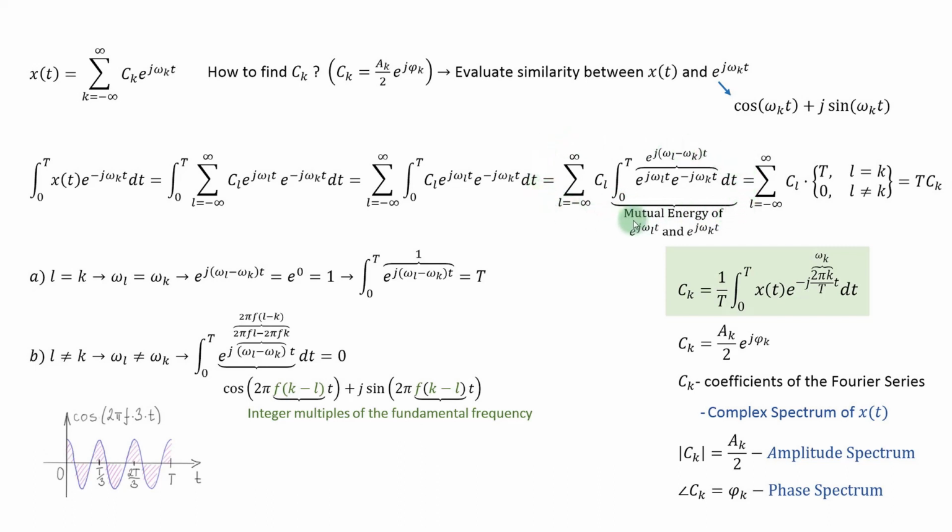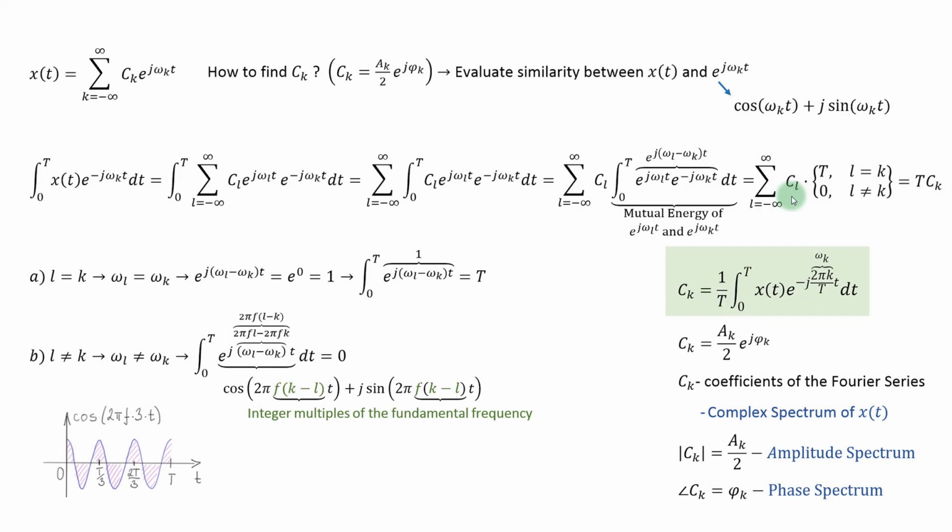Consequently, this entire expression I can write like this. Instead of this integral, I will use t if L is equal to k, and I will use 0 if L is different from k. Now, what will that do to this entire expression? Well, in this expression, I'm summing through L. And unless that L is equal to some chosen k, this expression is equal to 0, so I'm mostly summing up 0.